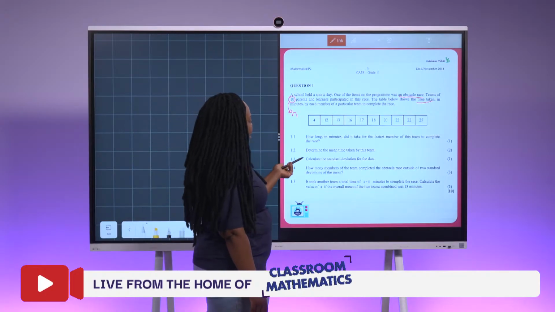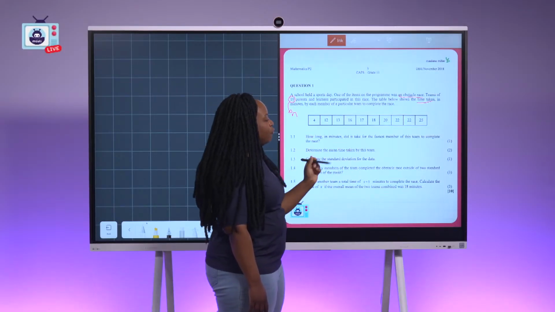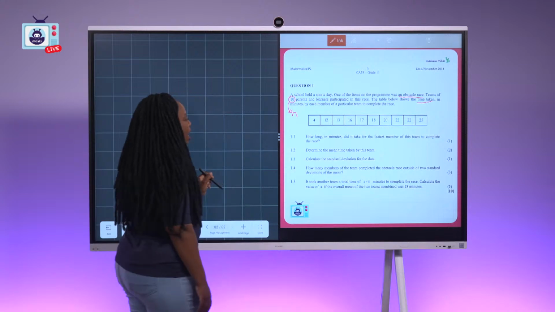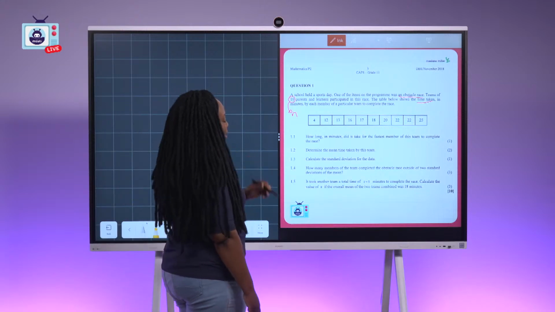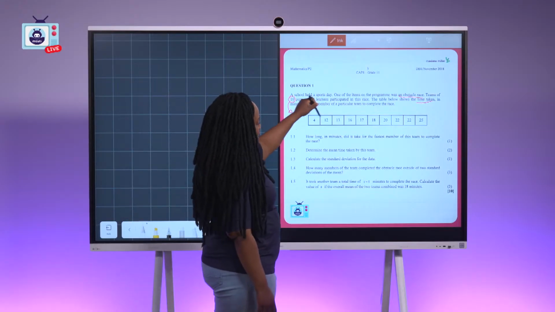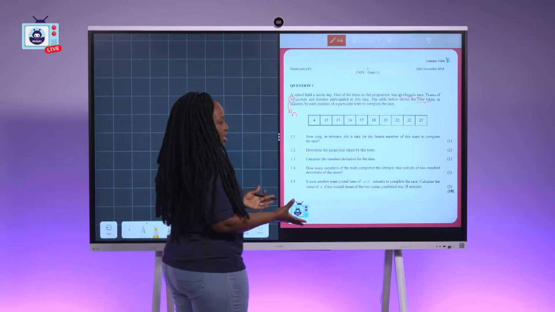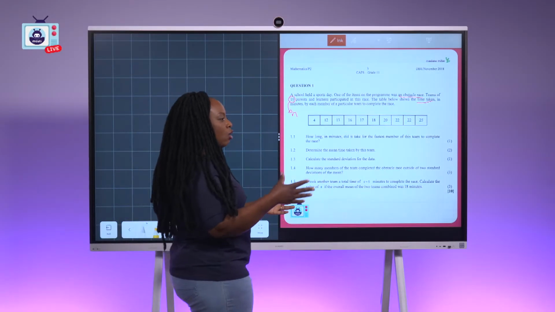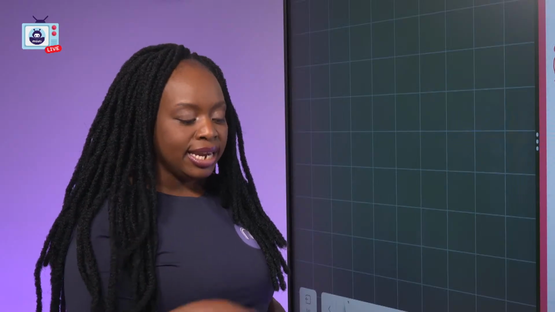Let's go. They said, how long in minutes did it take for the fastest learner or member of this team to complete the race? Even though they are saying how long, which sounds like a very long time, the fastest person will always take the shorter time to reach the finish.